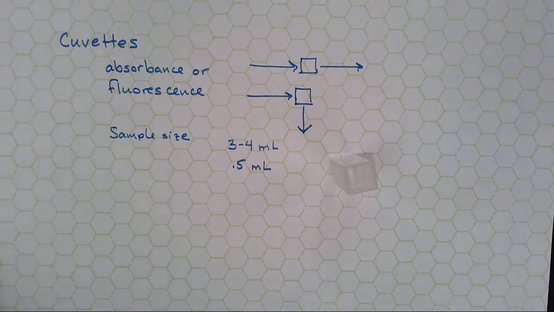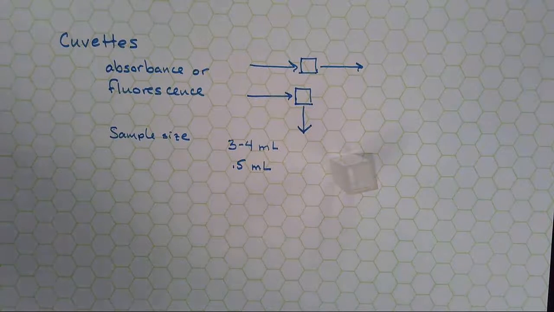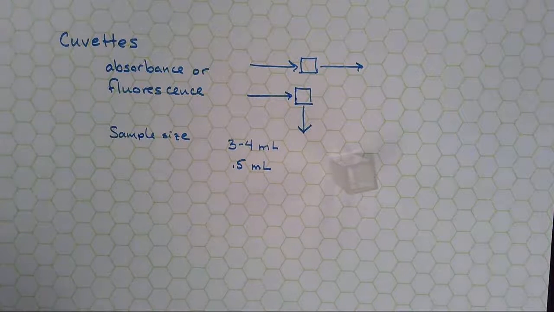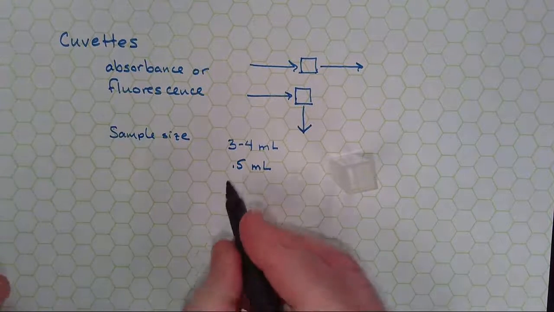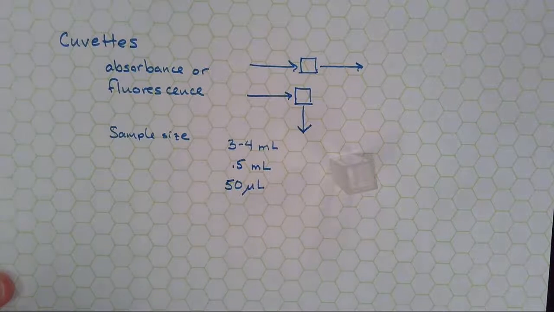The large ones are just referred to as cuvettes, but if you ever hear the phrase micro cuvette, then that's referring to something with a smaller volume. We actually have a couple of cuvettes that will handle samples all the way down to 50 microliters.